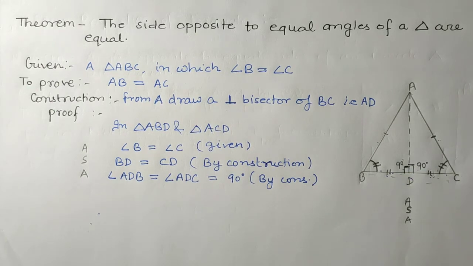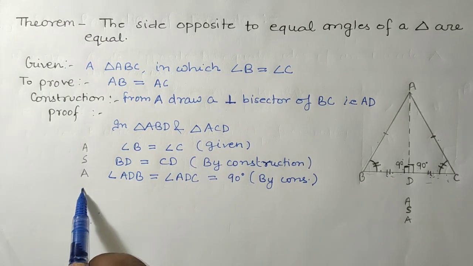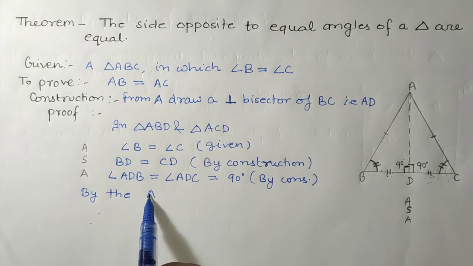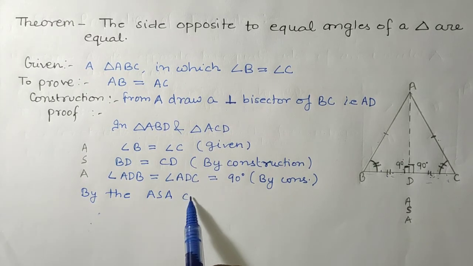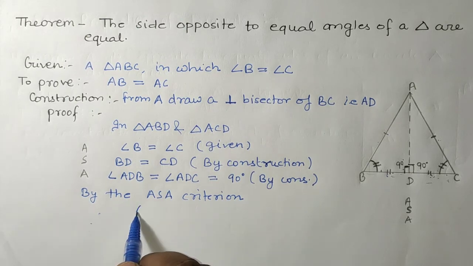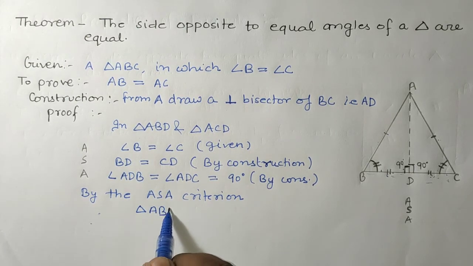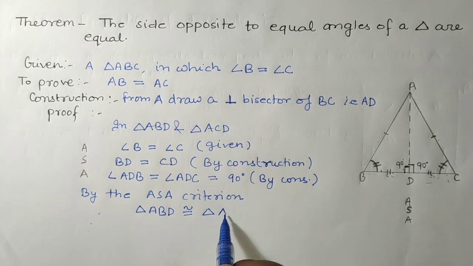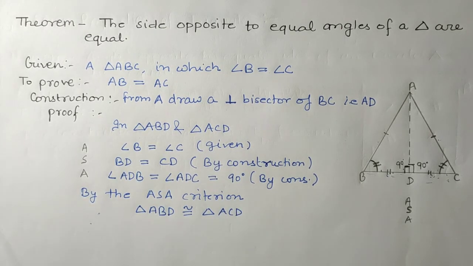So by the angle side angle criterion, triangle ABD is congruent to triangle ACD. Okay students, so these two triangles are congruent now.